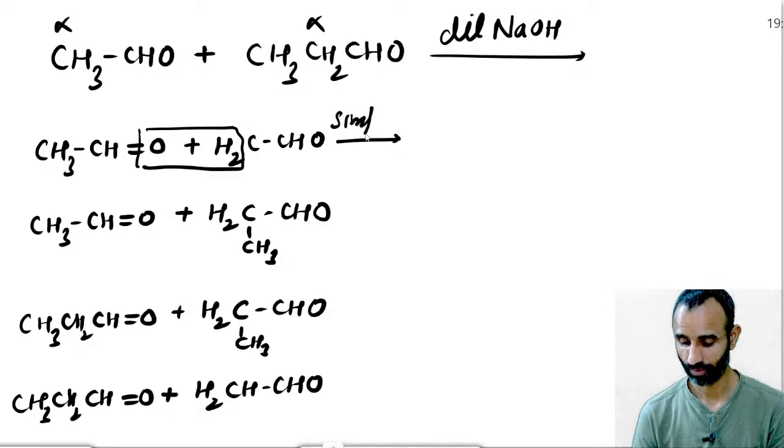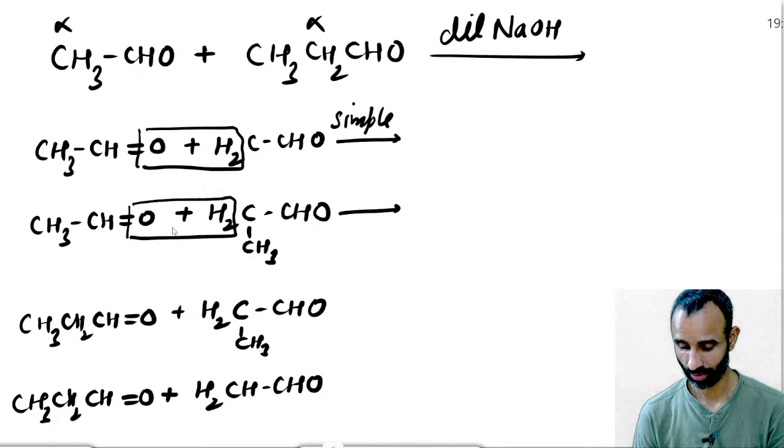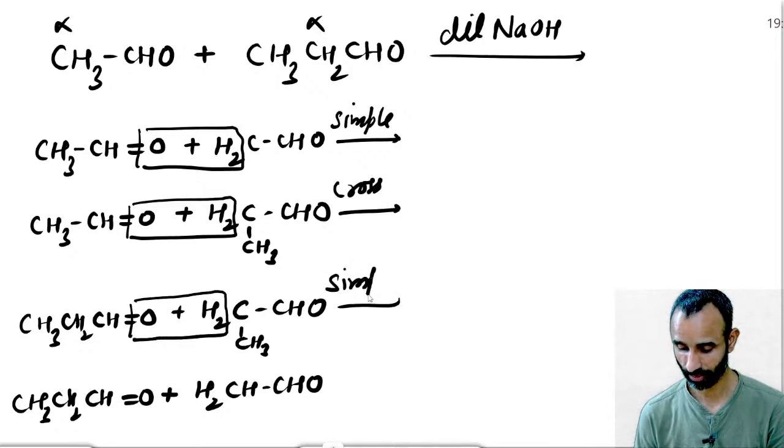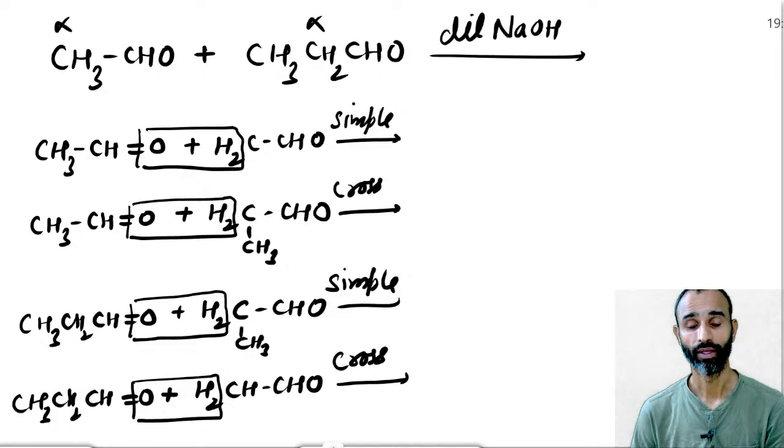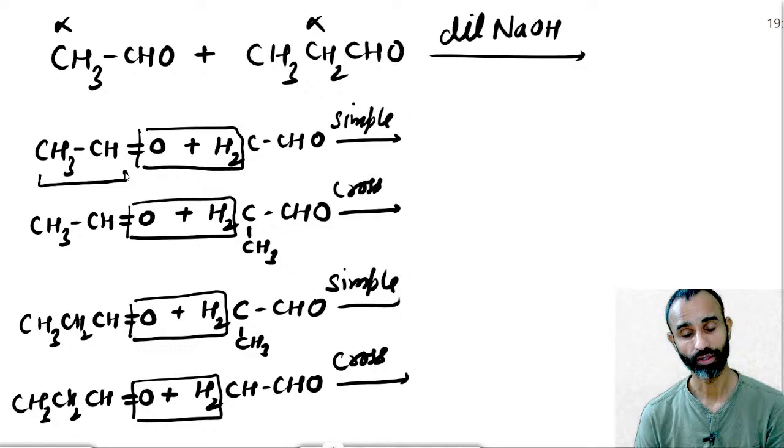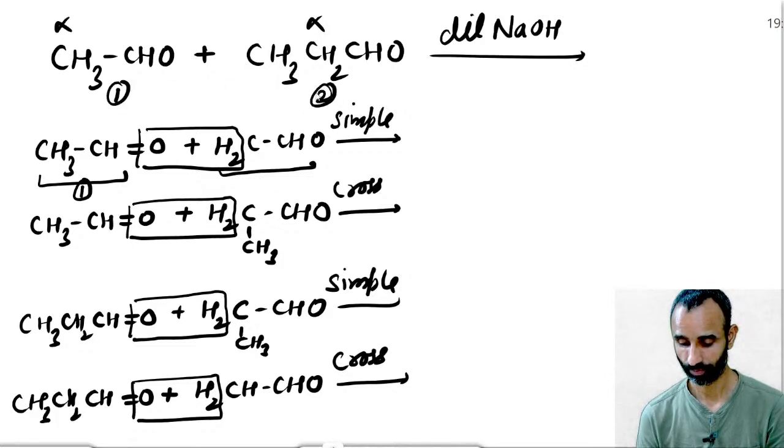So see, this is simple product. This one is cross product. This one is again simple product. Cross product. Yes. So if electrophile of the first and nucleophile of the first are used, then we get simple product.